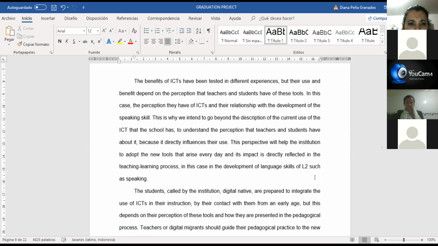Question: the benefits of ICTs have been tested in different experiences. In that school, someone has already... okay. Okay, go down.